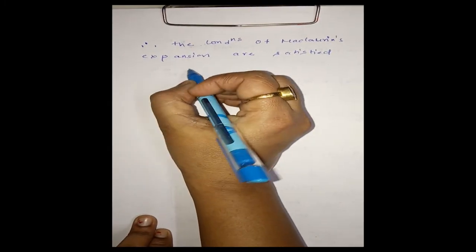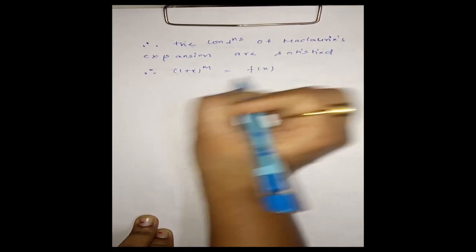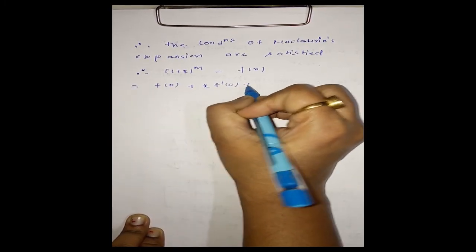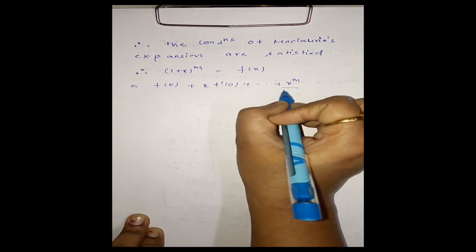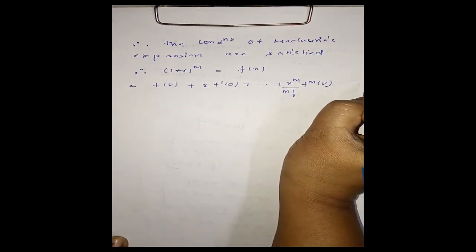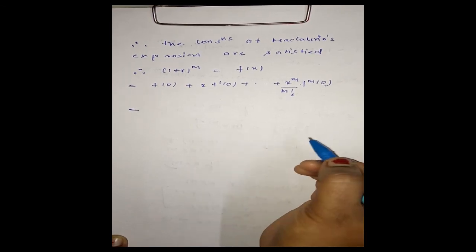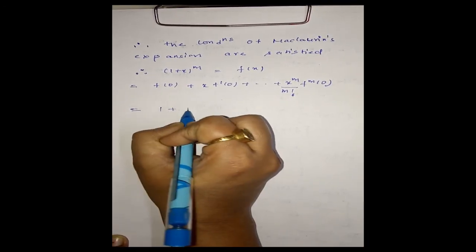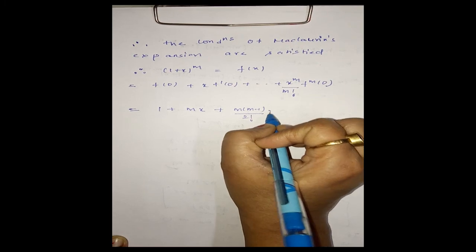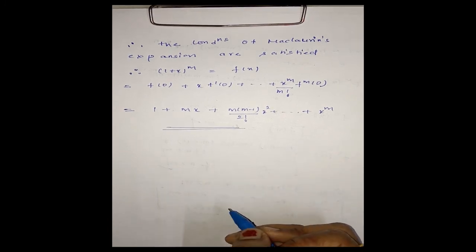Therefore, we have (1 + x)^m, which is our f(x), equal to f(0) + x f'(0) up to x^m/m! f^(m)(0). No terms after this, since the derivative is 0 from m plus 1 onwards. That means this is 1 + mx + m(m − 1)/2! x^2 up to x^m. Okay, this is our first case.